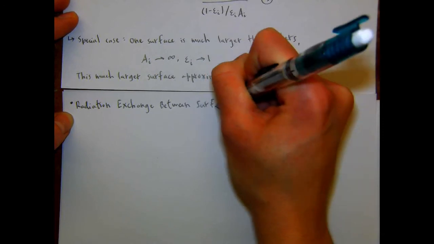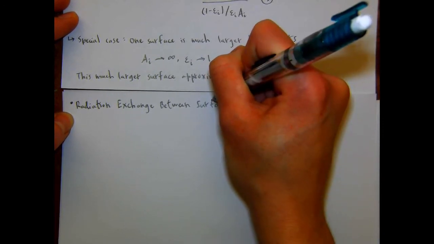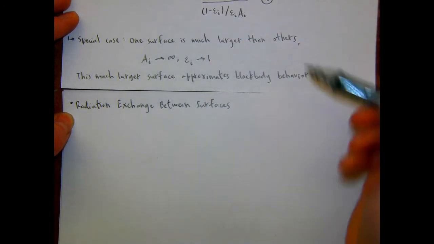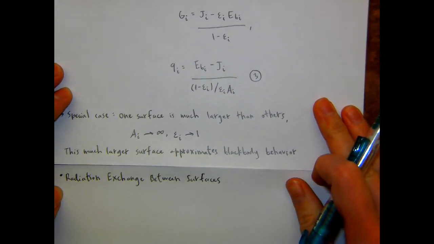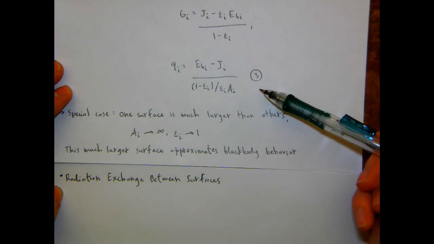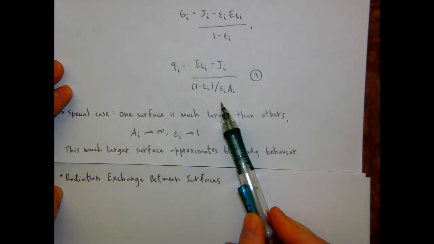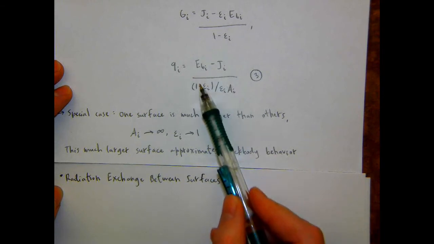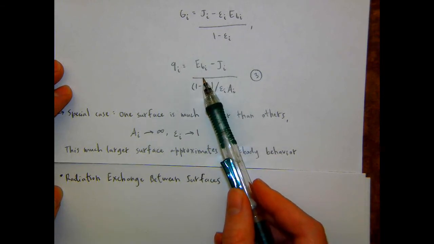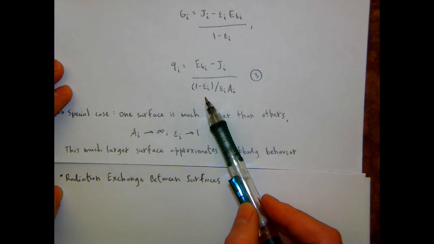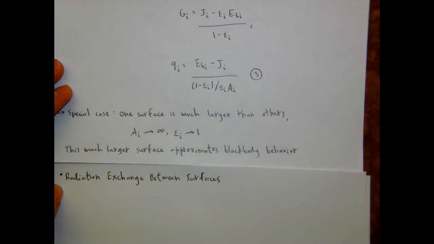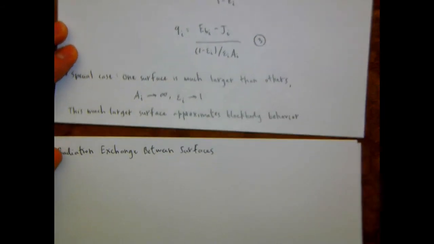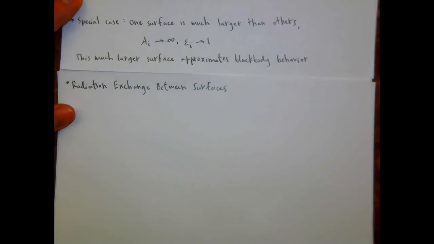So basically, we've developed several different expressions for the radiation leaving this surface I. And for this last expression, most of these quantities will be known. We can calculate the emissive power of a black body and the emissivity of a surface. And the last thing is we need to be able to calculate the radiosity. And we'll do that by considering the radiation exchange between all of the surfaces.